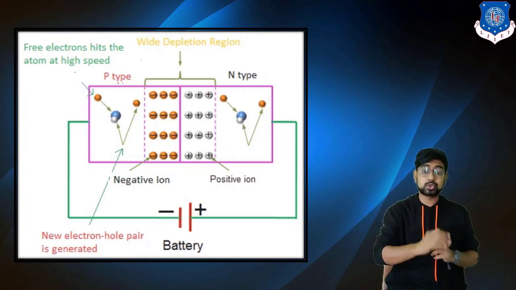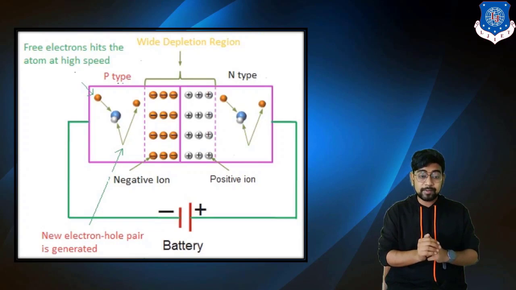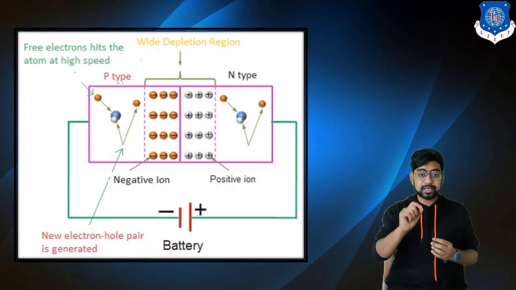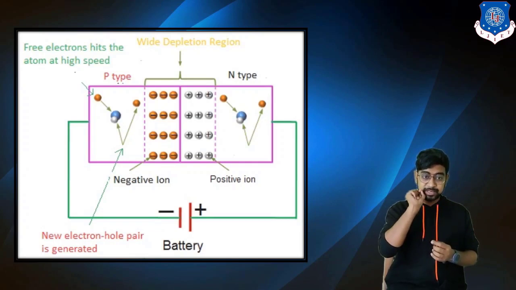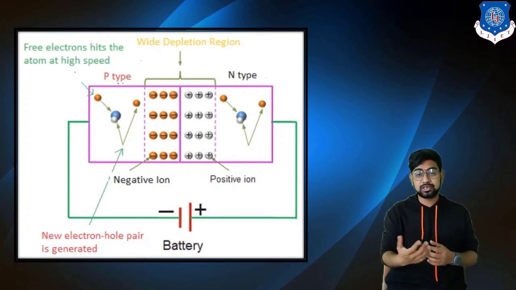As they move, they become more energized, because as you increase the voltage of the battery, that voltage energizes the electrons at a very high level. So their velocity is very high when they get dashed into the depletion region.